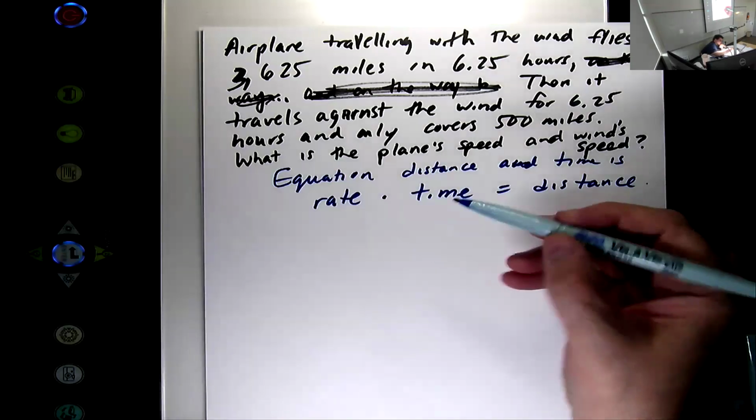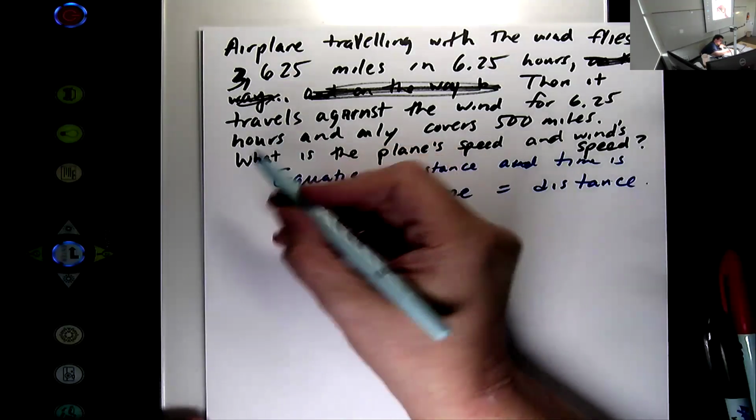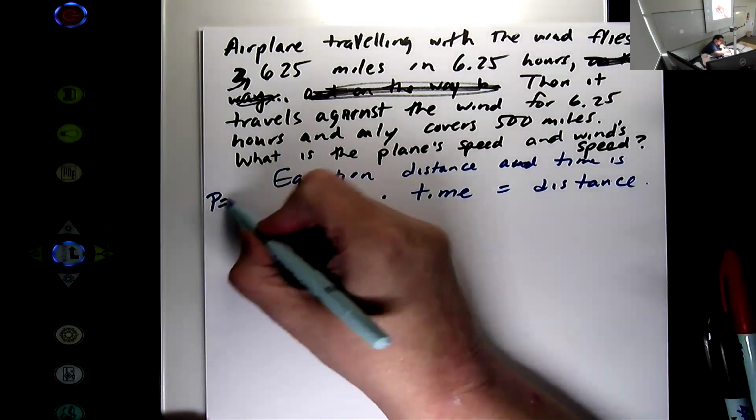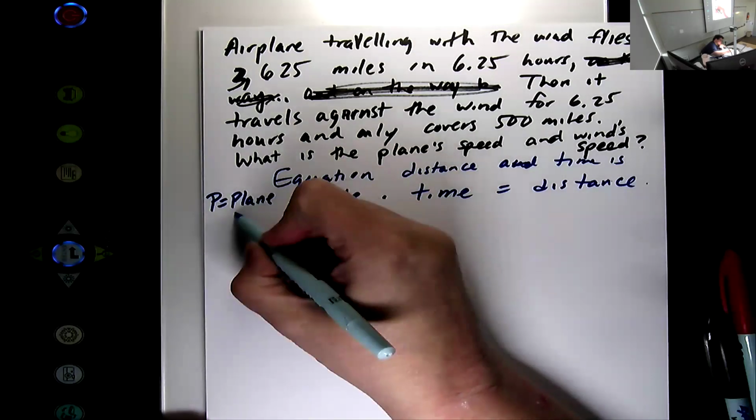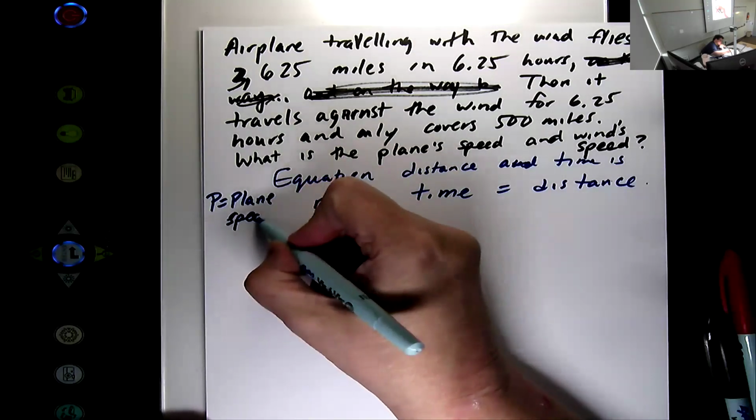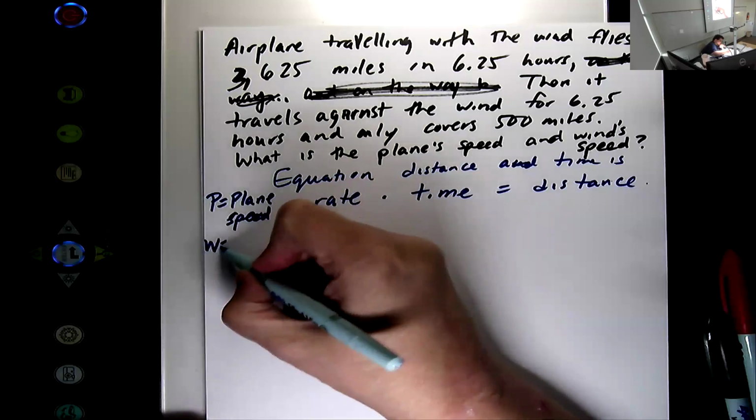So let's figure out what we got going on here. Let's say P is for plane speed, and W is for wind speed.